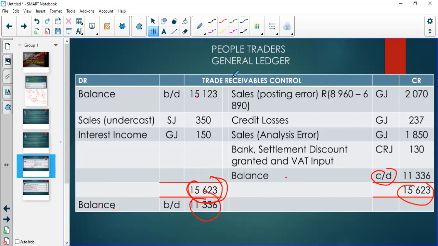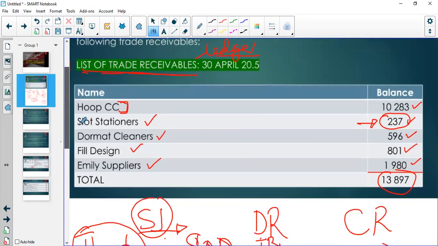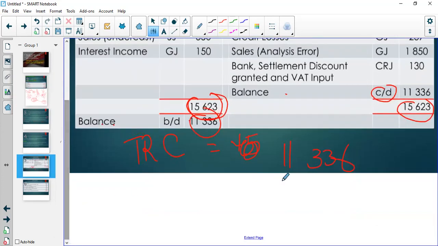So now we have created a trade receivables control account, which is correct. This is the balance that we have in the trade receivables control account, which is our TRC. We have, not 15, it's 11,336. But in the list of totals here, we have 13,897.